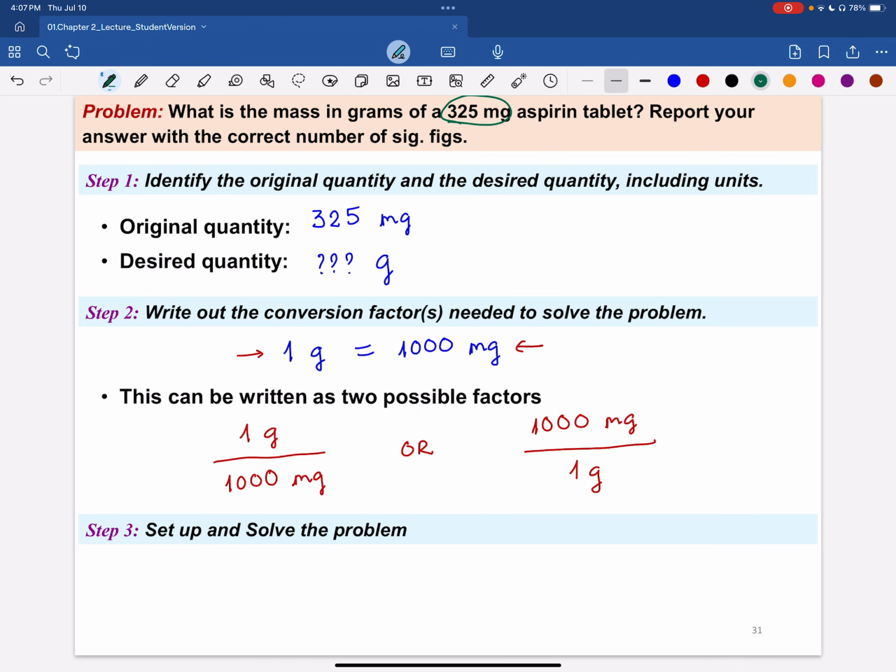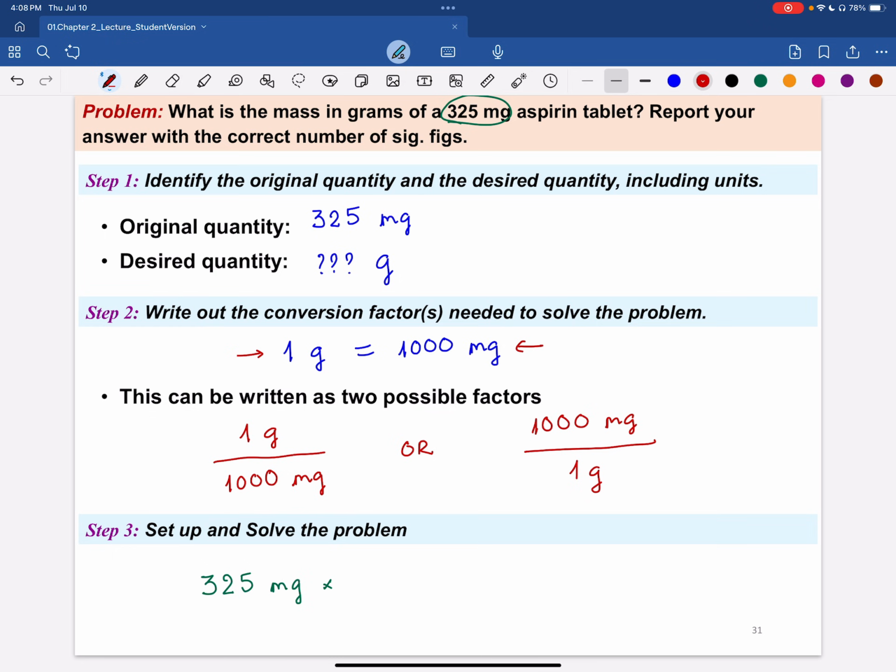First, let me write it out. I have 325 milligrams. Then I need to choose a factor so that the denominator in one term cancels the numerator in the preceding term.